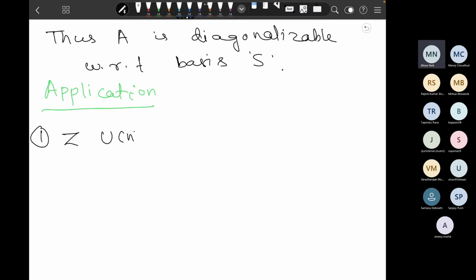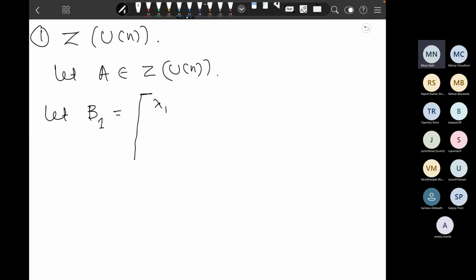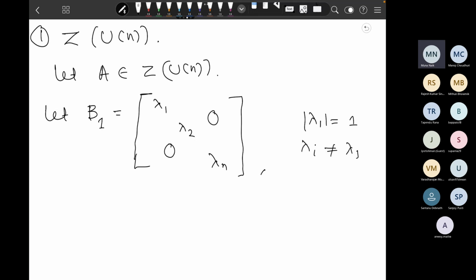So, application. Let us first start from a non-trivial example. So let us do it for the center Z(U_n). Let A belong to Z(U_n). So I choose the first element B1 to be the diagonal matrix with entries λ_1, λ_2, ..., λ_n, with mod λ_i equal to 1 and the λ_i distinct.